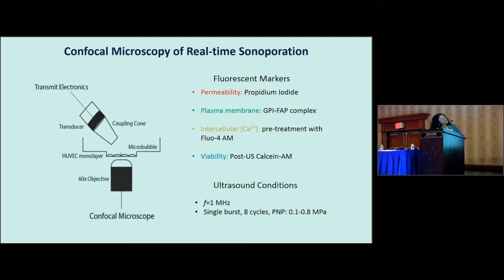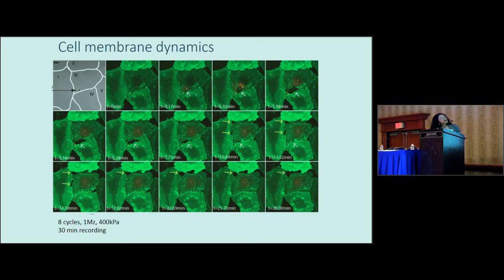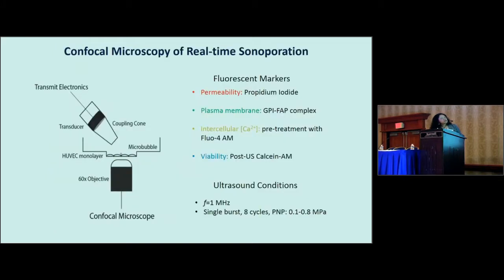We provide the ultrasound through a coupling cone, and we looked at permeability using propidium iodide, and the plasma membrane using a FAP label. I won't show the data on our intracellular calcium, but also viability of these cells using calcium. In this instance, we used a 1 megahertz single-burst 8-cycle ultrasound pulse.